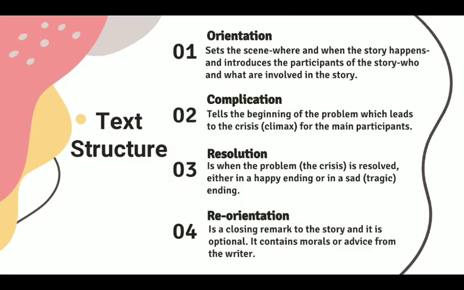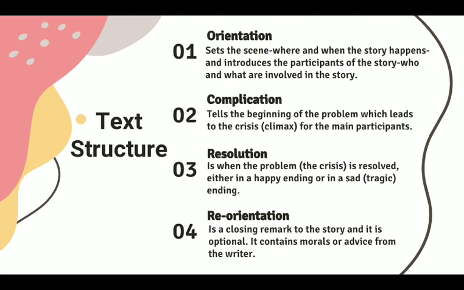Okay, the structure of narrative text or short stories can be included four structures. The first one is orientation. Orientation is an introduction about the story, when, where, who, and what are involved in the story is described and explained in this part.